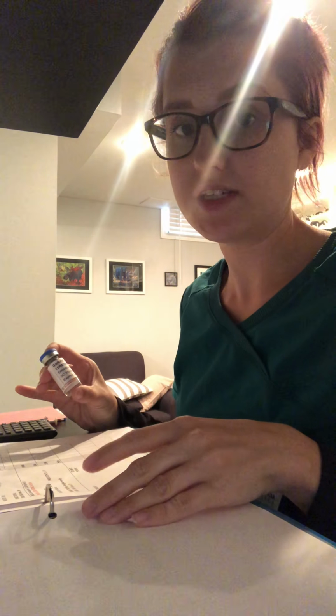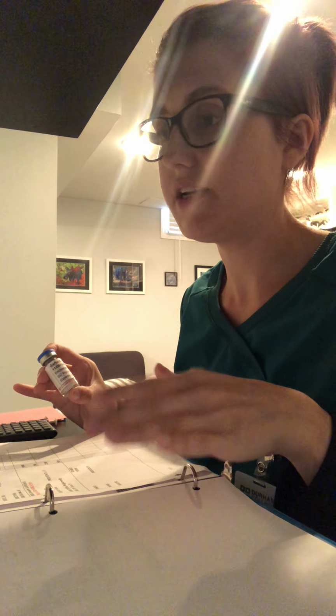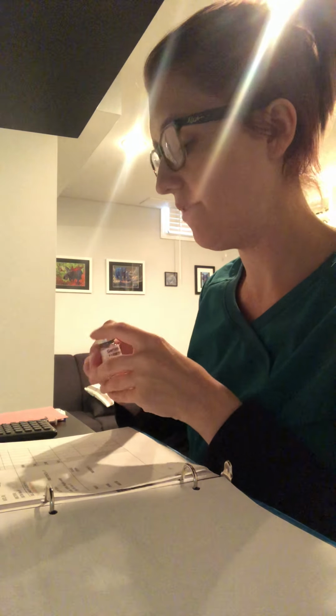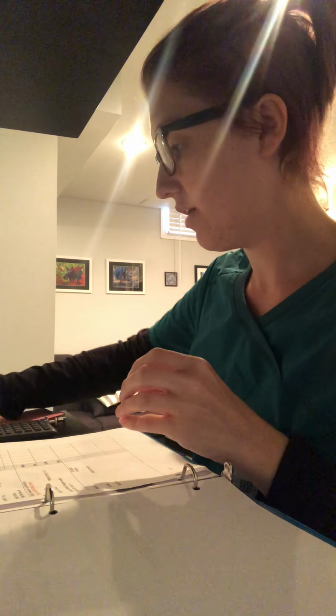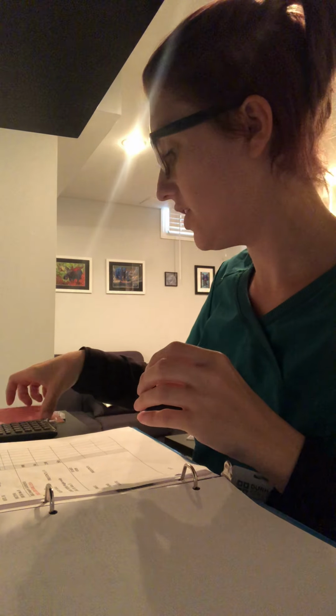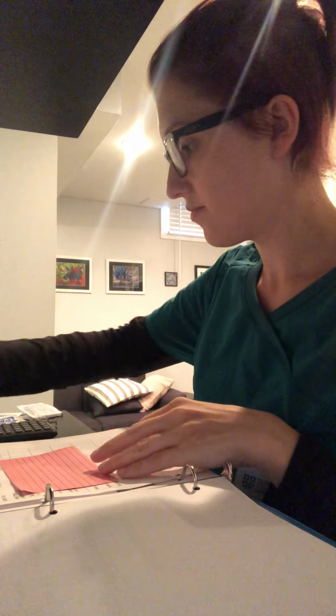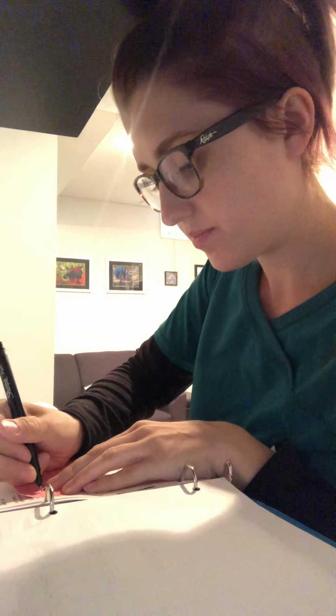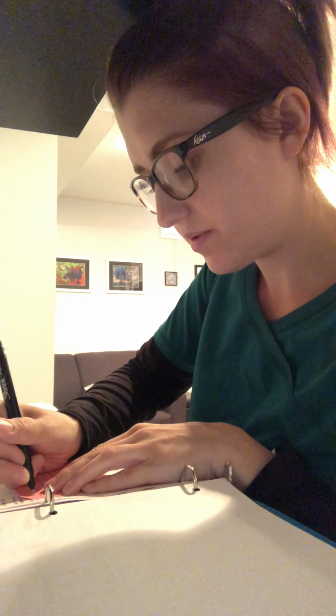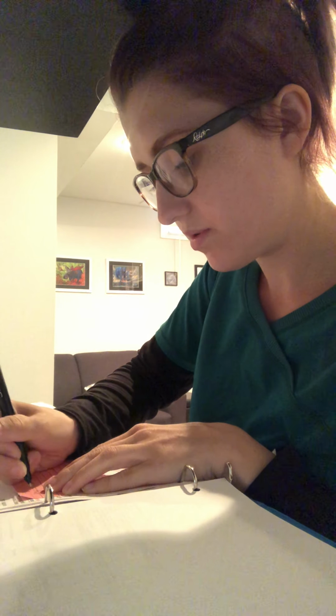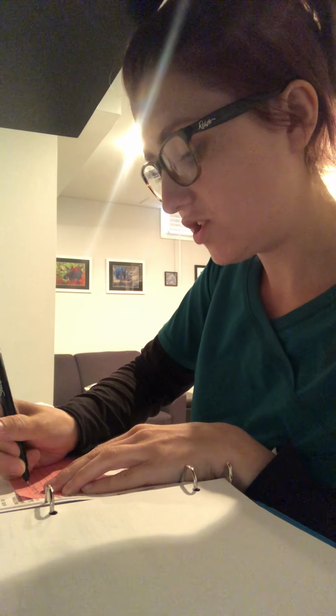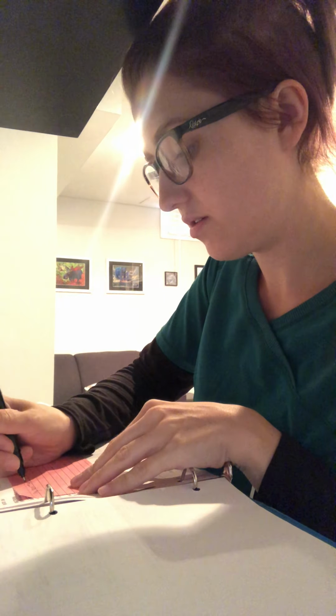Before giving the patient this medication, I would assess for any redness, swelling, or bruising at the site. And now I'm going to complete my calculation. And the patient's weight, according to the doctor's order, is 75 kilograms.